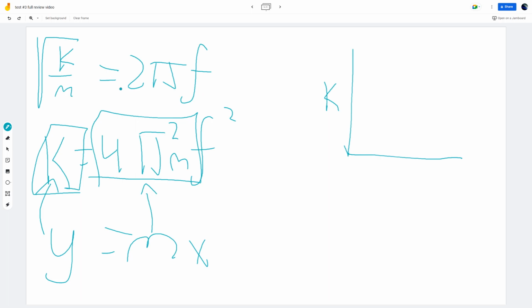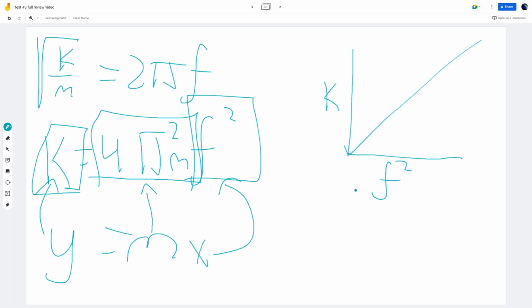Not sure exactly how that would work out, but it's whatever. Then we're going to graph f squared on the x-axis. Now this will give us a straight line with the slope of 4 pi squared m. And say we want to find out the mass of our object for some reason, we could just plug it in and get out a mass.